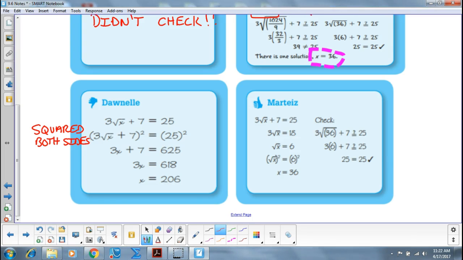No. So that's where she went wrong. And then all of the math after that is bad. What else didn't she do? She didn't even square 7. She didn't check her answer to figure out that 206 wasn't going to work. So she didn't check either.